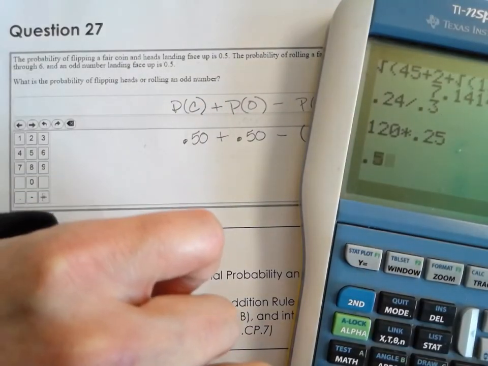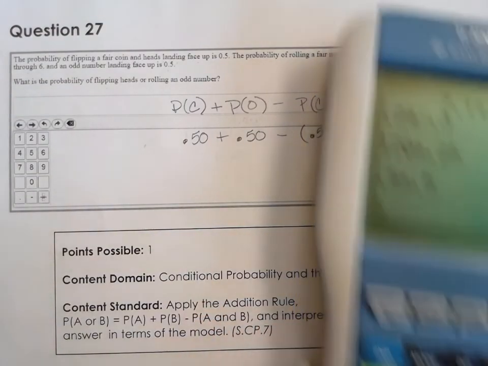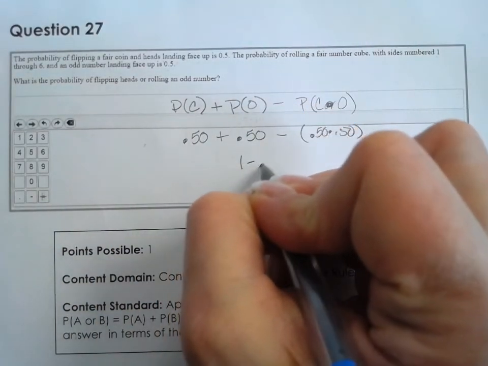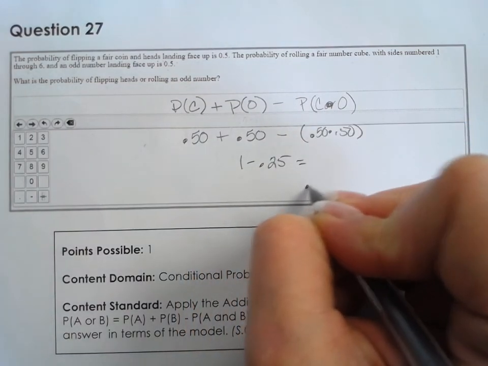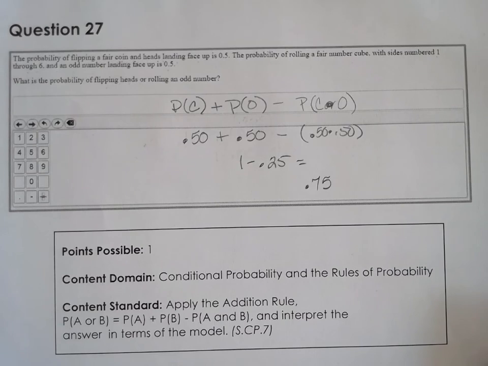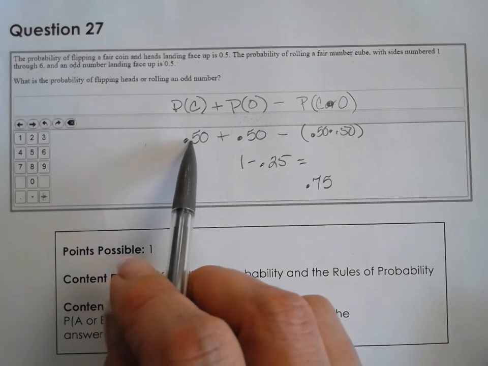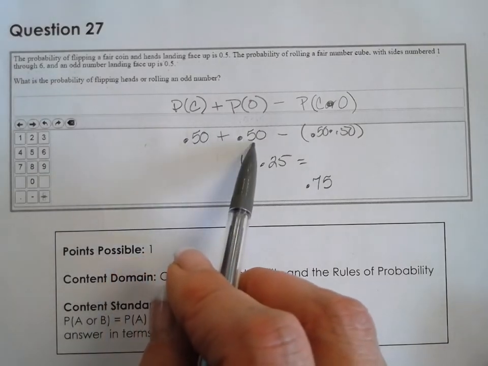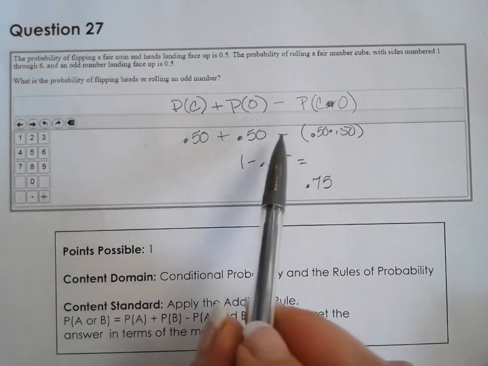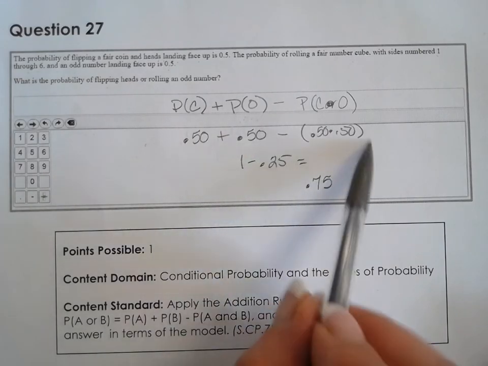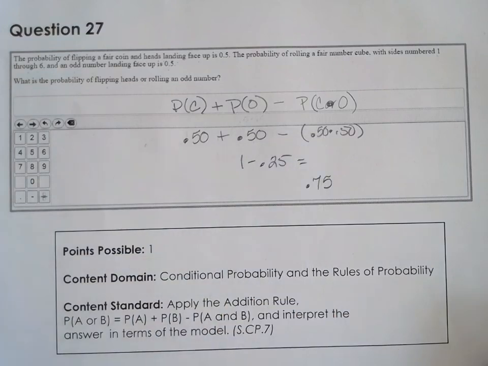So 0.5 times 0.5 gives me 0.25. So 1 minus 0.25 is going to give me 0.75. I have to add for the two, but then since they overlap, I have to subtract out the multiplication of the two. Because that's what the formula says.